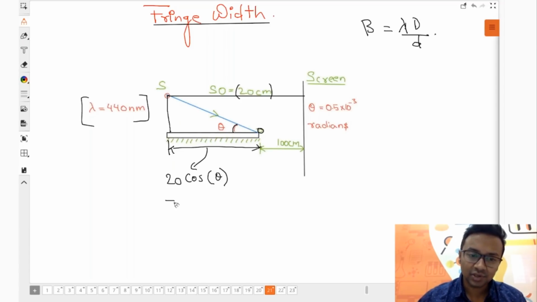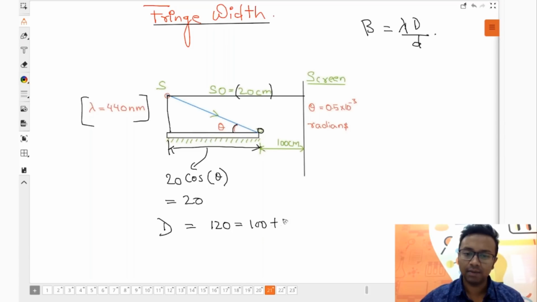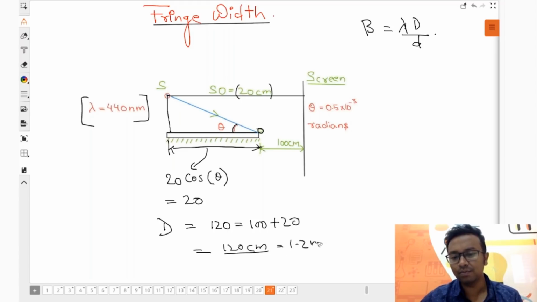So this is going to be just equal to 20. So this distance capital D is going to be 120, which is this 100 plus this 20, that is 120 centimeter or 1.2 meters. Clear?